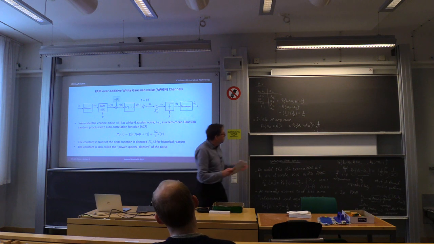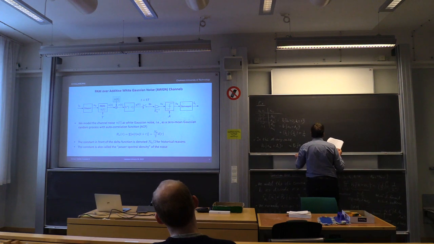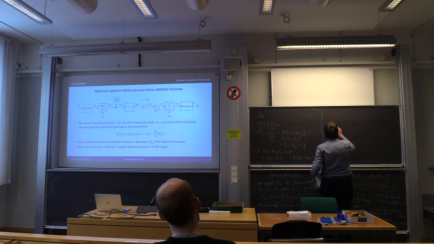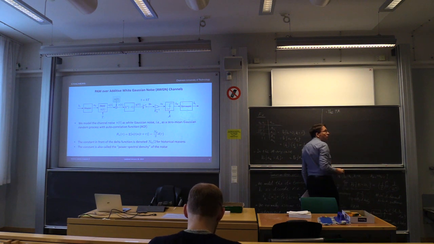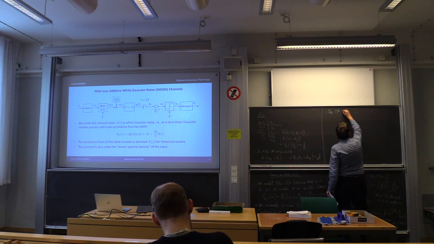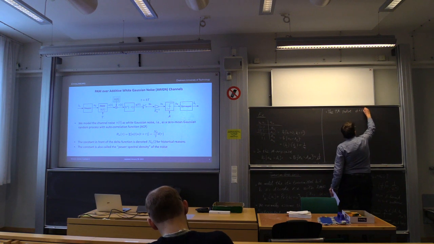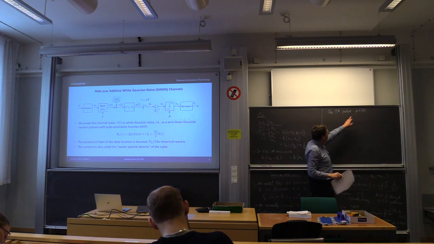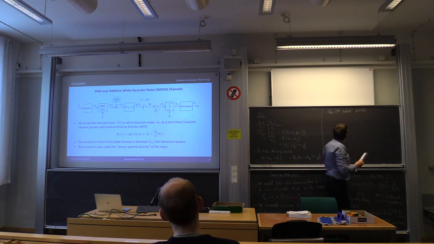So, Tx for transmitted. The transmit pulse is A times h of t. A is the data and h is the pulse shape that we use.